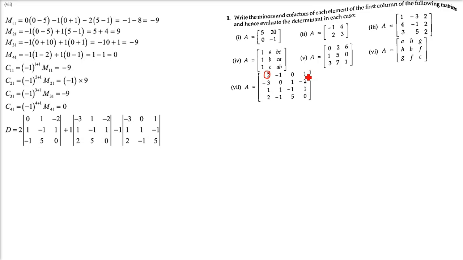There is a solution being given here, but rather I will try to do the way we have just learned. I'll use the first column: 2 into minus 9, then minus 3 into minus 9. I will not consider the sign, only the values multiplied by the cofactors. So 1 into minus 9 and 2 into 0.